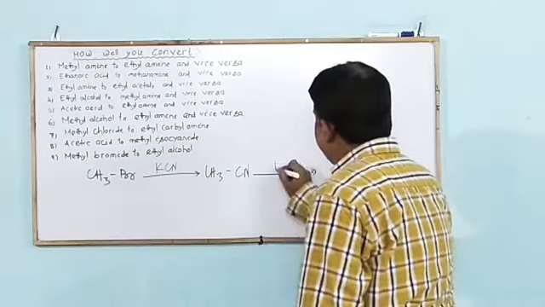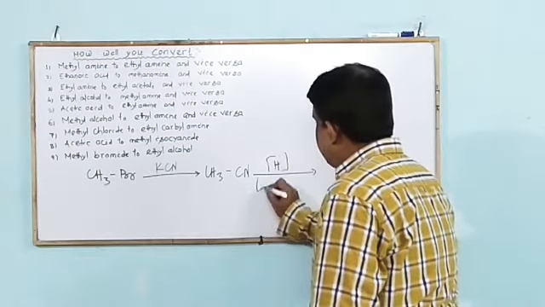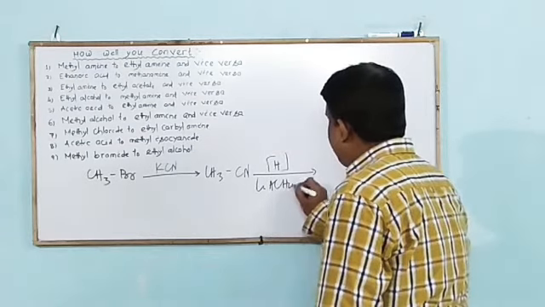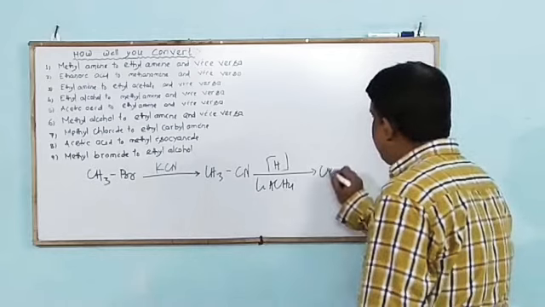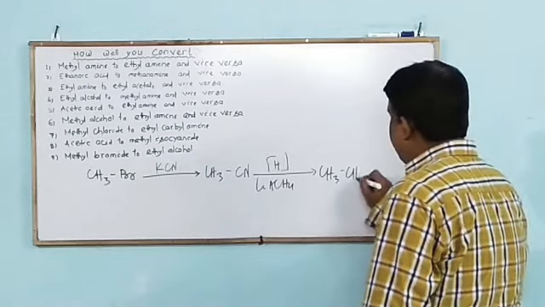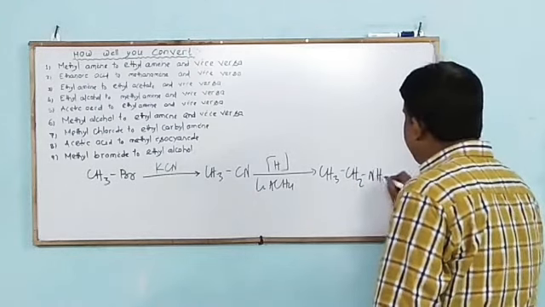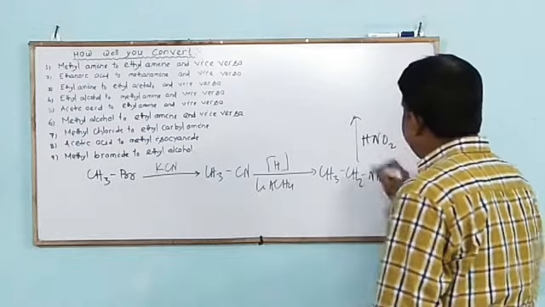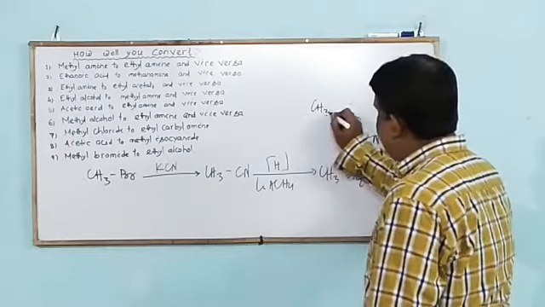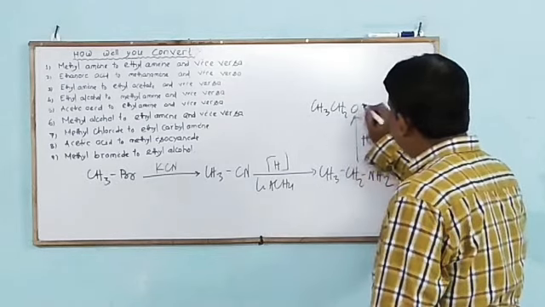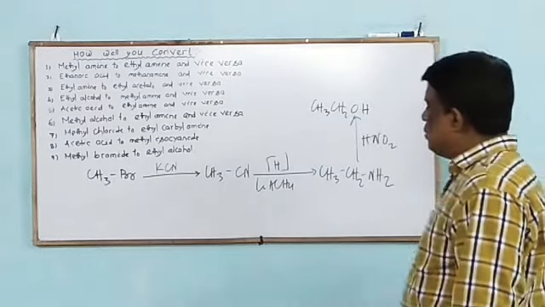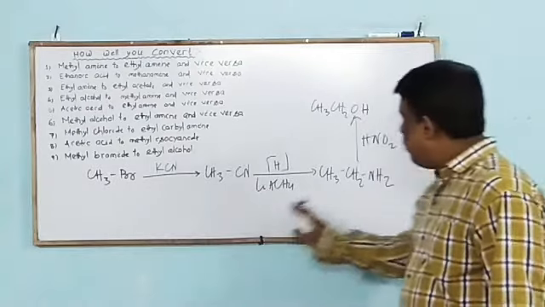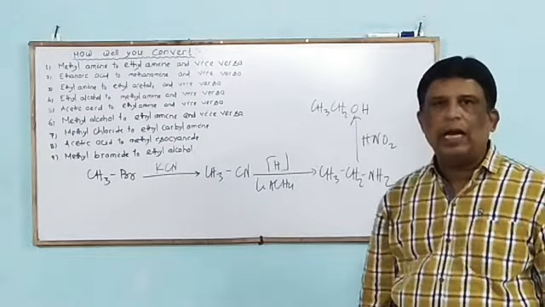Methyl cyanide undergoes reduction with LiAlH4 or sodium/ethyl alcohol to form ethylamine. Ethylamine, when it reacts with nitrous acid, forms ethyl alcohol. So in this way, methyl bromide is converted to ethyl alcohol.